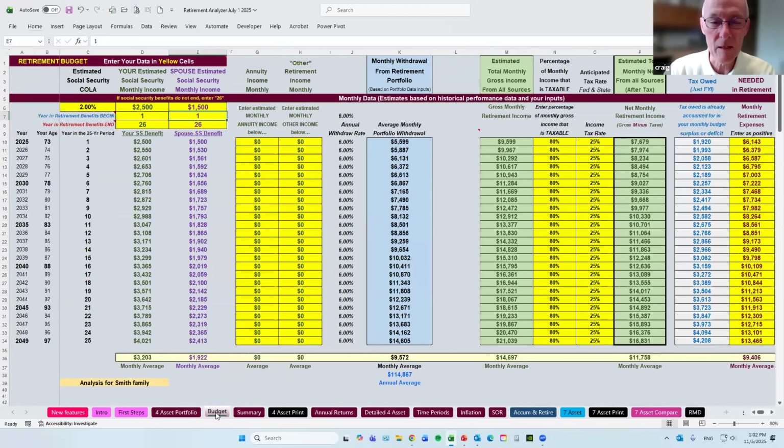And the way he responded suggested to me I needed to rethink that and just integrate it in. And that's what this budget tab is, which to me was a real game changer, because I use this personally as I do my own estimating of my retirement benefits and estimate out if I'm in good shape.